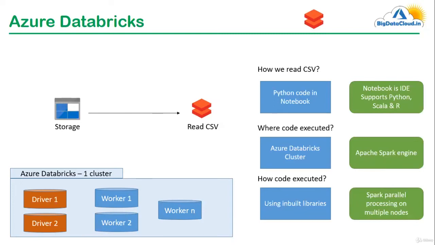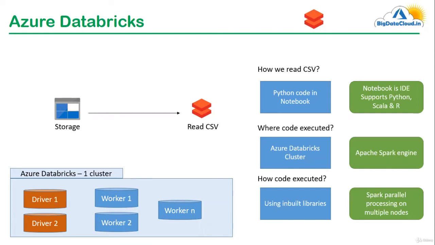There are more than one worker nodes. Those boxes are nothing but nodes. Nodes are nothing but machines, we can say. Drivers are also called head nodes. There are always two, not less than two, not more than two drivers available. However, we can control the number of worker nodes.